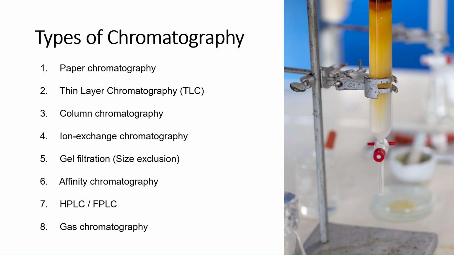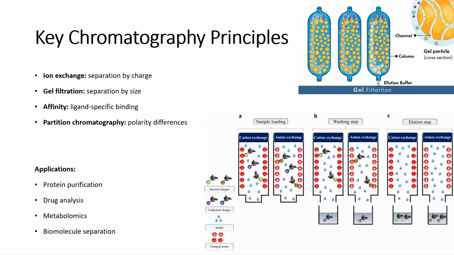Gel filtration or size exclusion, based on size. Large molecules elute first. 6. Affinity chromatography, highest specificity. 7. HPLC or FPLC, advanced column systems. 8. Gas chromatography, volatile compounds only. Always connect each topic with its main principle.